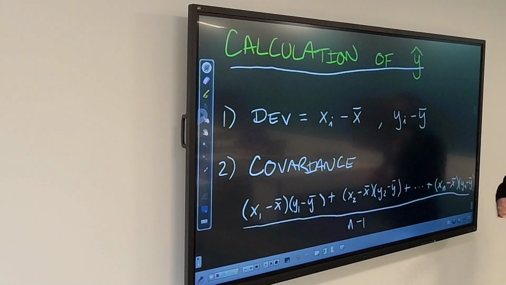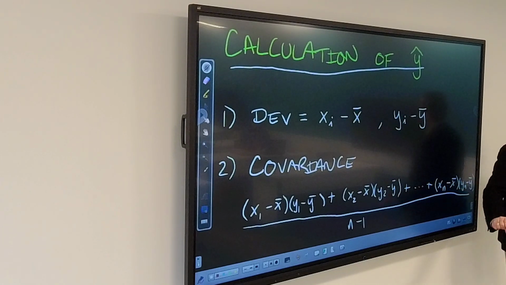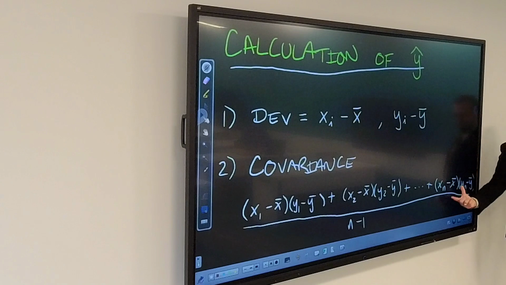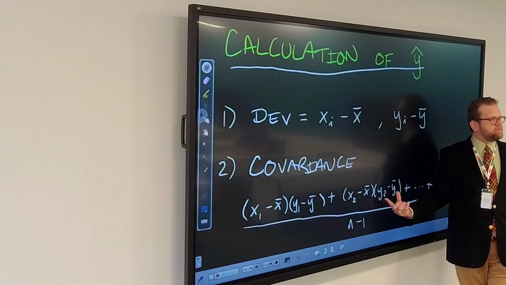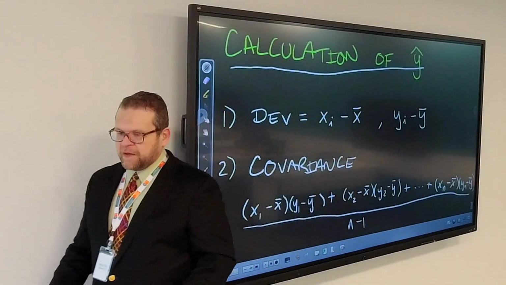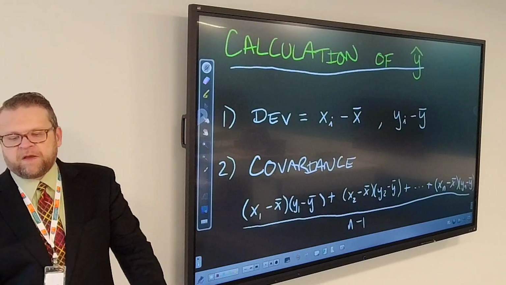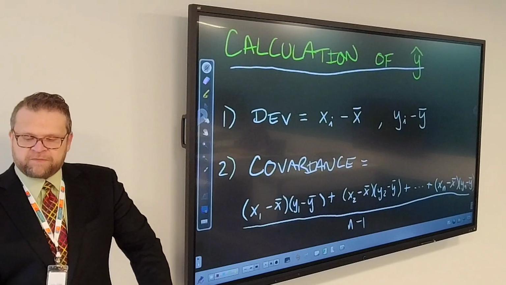It's not really different from, I mean, it is different, but it has the exact same structure as the variance. Instead of the stuff being squared, it still has this product of two terms, but we get the y one involved. Okay. That's our covariance. We built it out of the deviations.